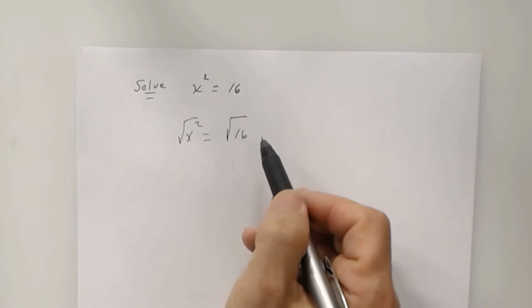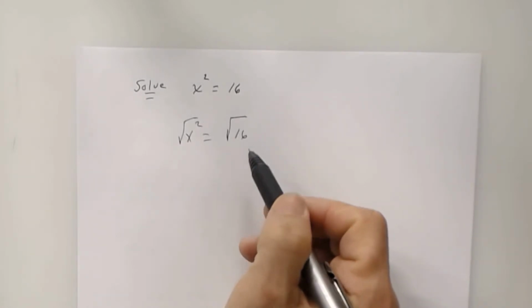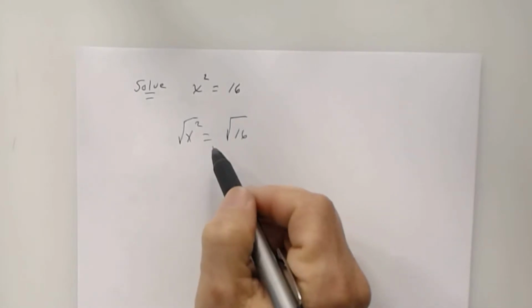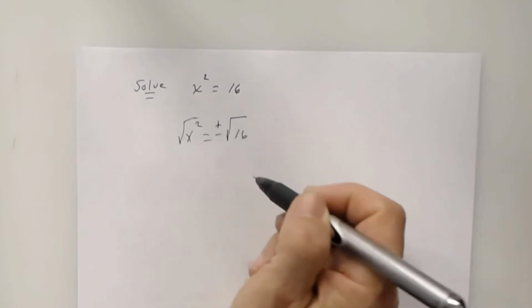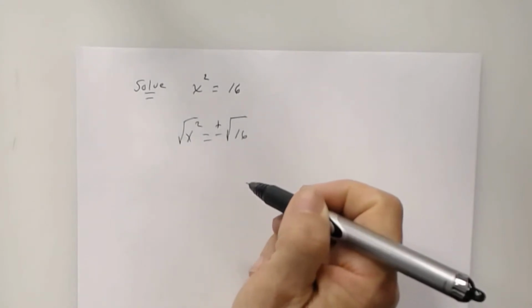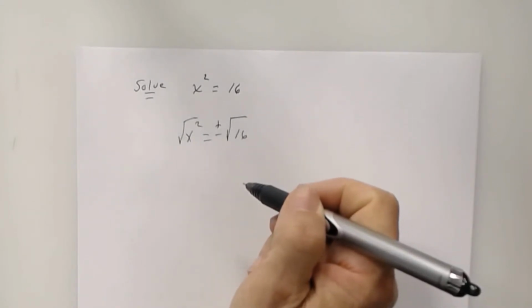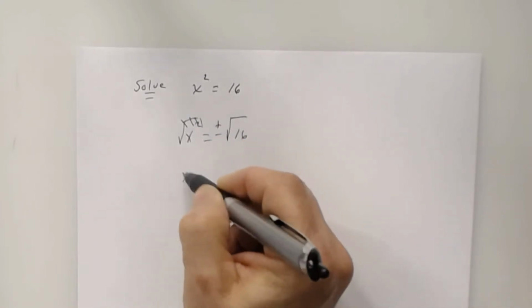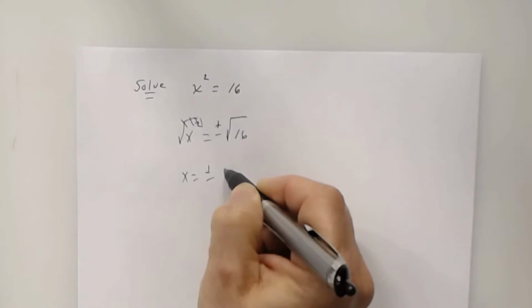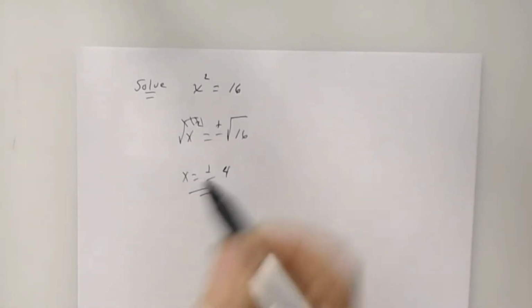Okay, so something else you got to remember. Some of you may not have gotten this far, but we did do this last semester. When you take the square root of both sides, you got to do a what? Plus or a minus. Plus or minus. The square and the square root undo each other, so you get x equal plus or minus 4. Those are your 2 solutions.